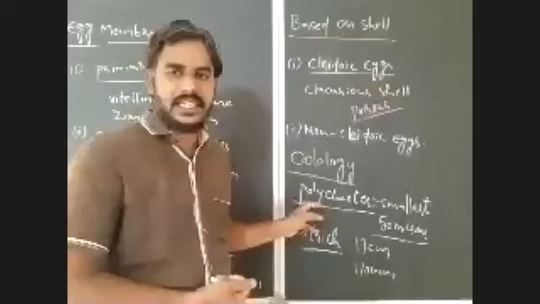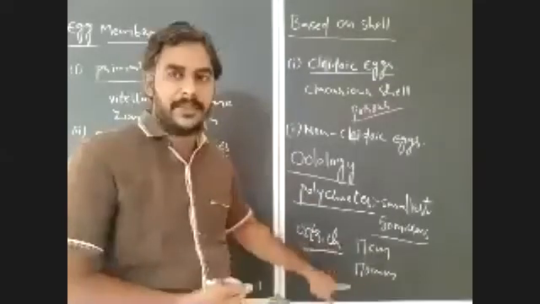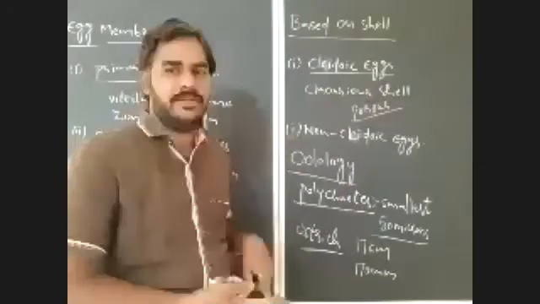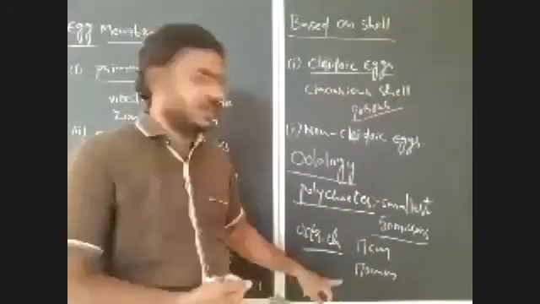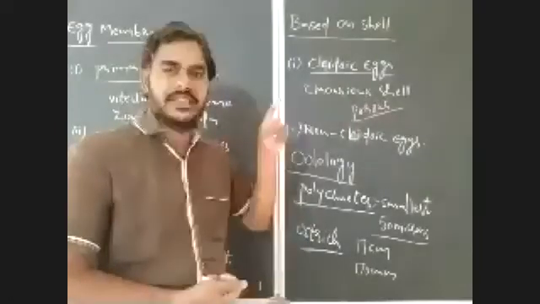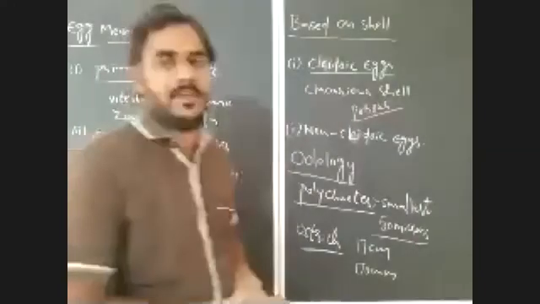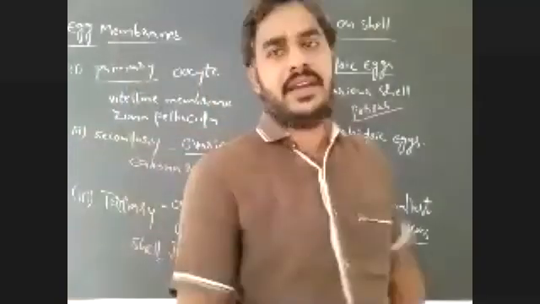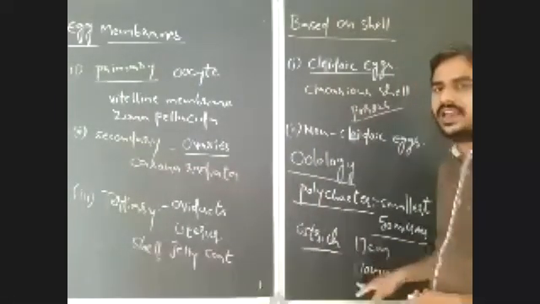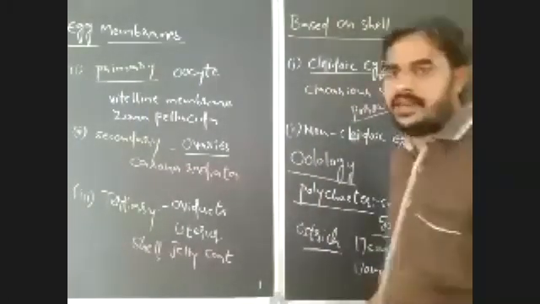What about the human egg? It is 0.1 millimeter, the largest cell in the human body. But what about the diameter of the ostrich egg? It is 170 millimeters, while the human egg is 0.1 millimeter. Based on that, you can compare how large this ostrich egg is. That is the largest single cell in kingdom Animalia. That also you have to remember.